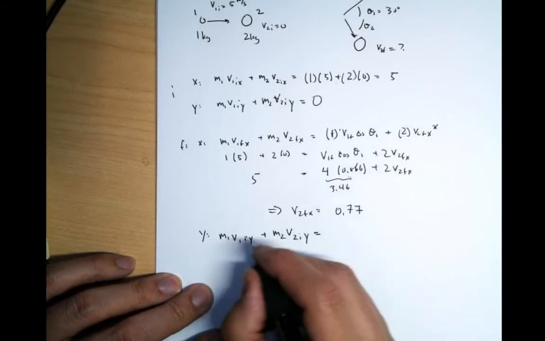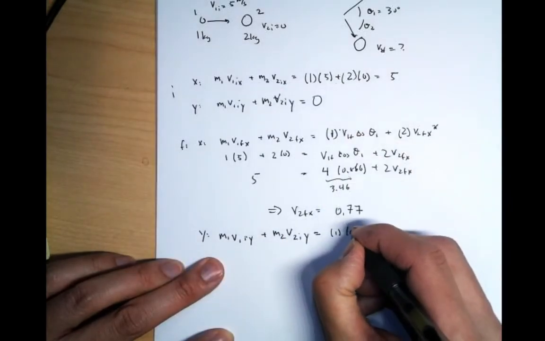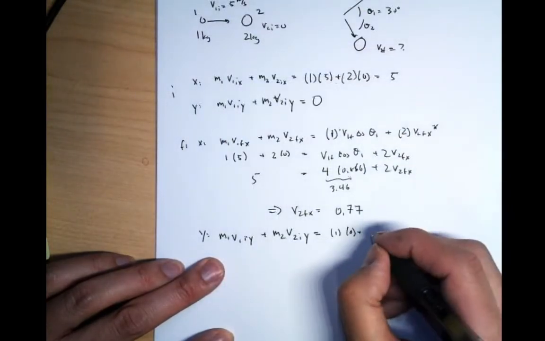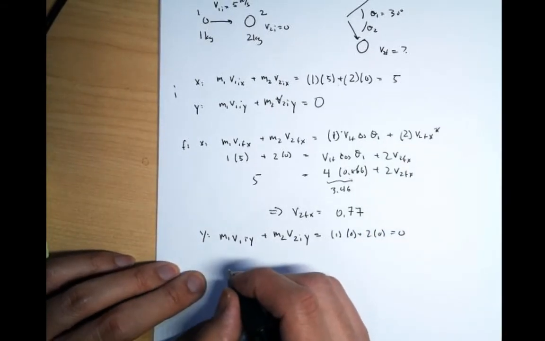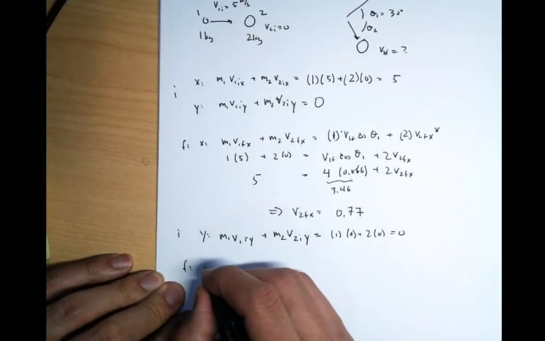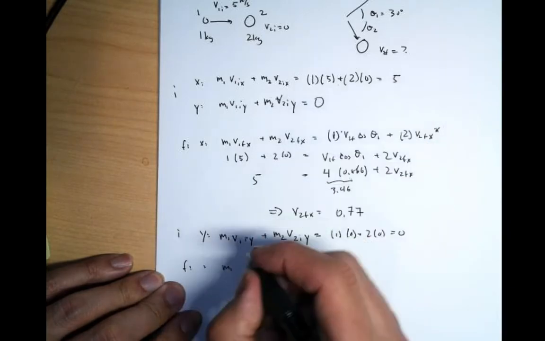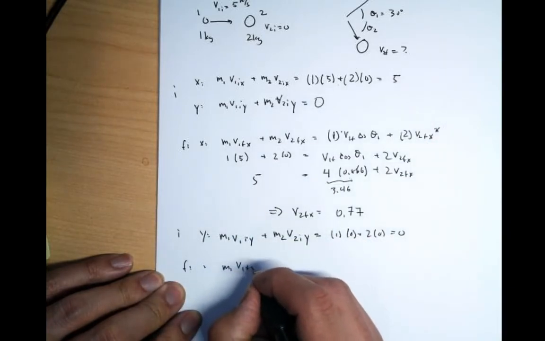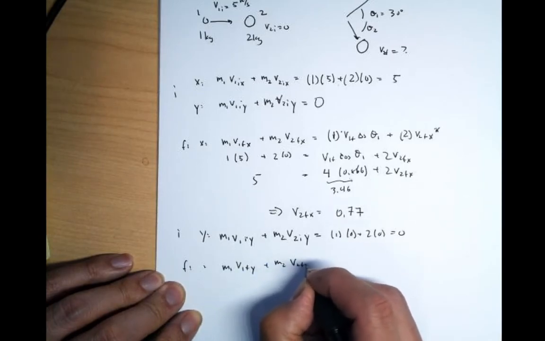That's going to be equal to, this is basically 1, that's no y component, that's 0, plus this is no velocity, 2 times 0 is 0, okay? And then let's do the final state here. This one is going to be m1 v1 final y plus m2 v2 final y.